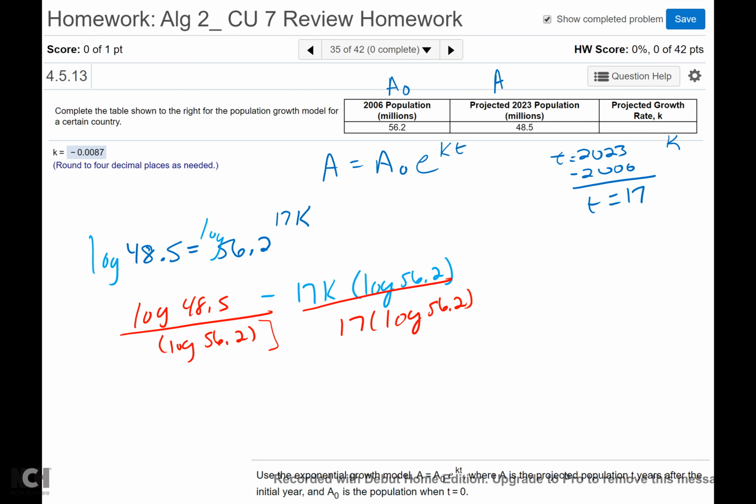Let me just do this one at a time. Let me divide by log of 56.2. So let's see, if I do log 48.5 divided by log 56.2, I get 0.963426195 equals negative 17k. Divide by negative 17.